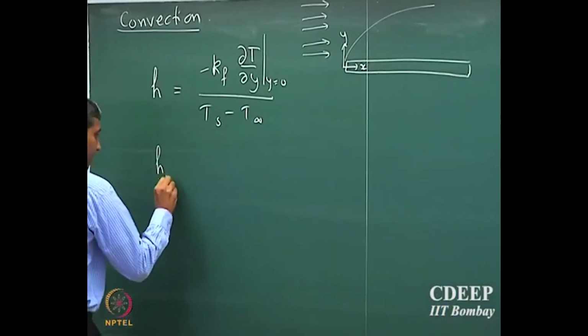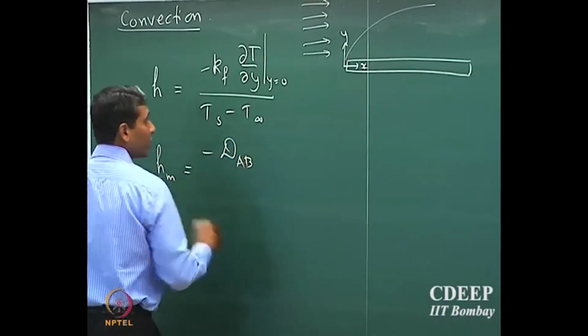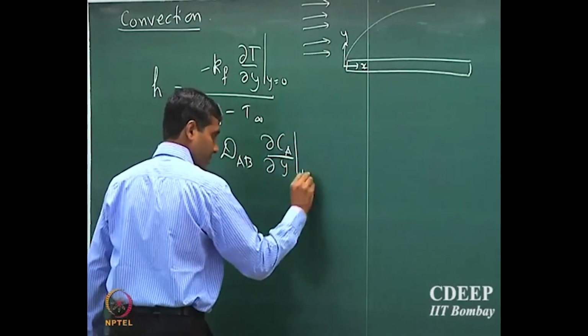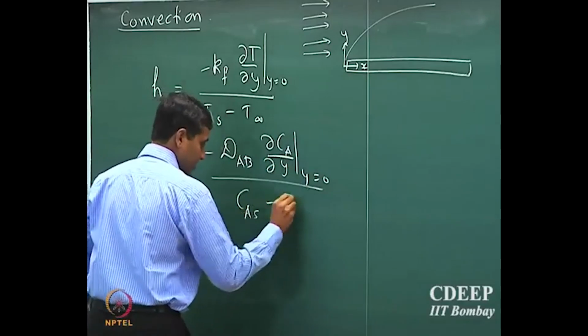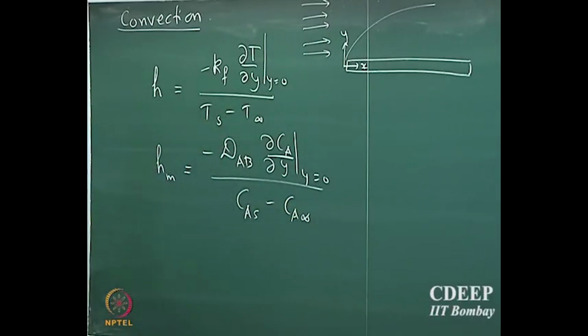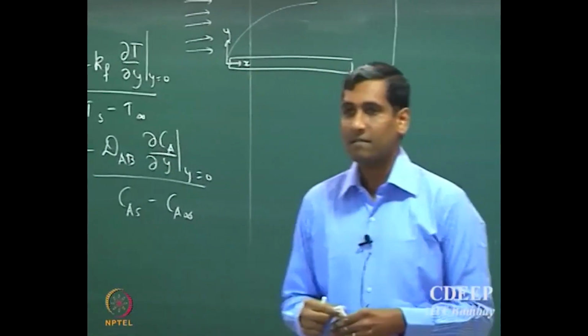And similarly one could define the mass transport coefficient as diffusivity multiplied by dC/dy divided by the concentration difference.